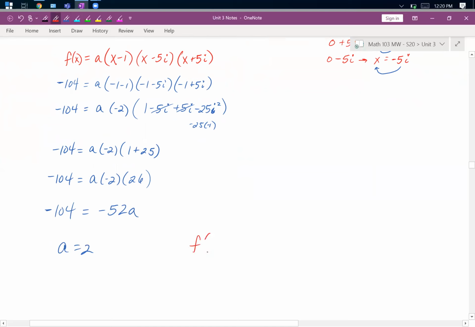So our final answer, f of x equals 2 times x minus 1 times x minus 5i times x plus 5i.